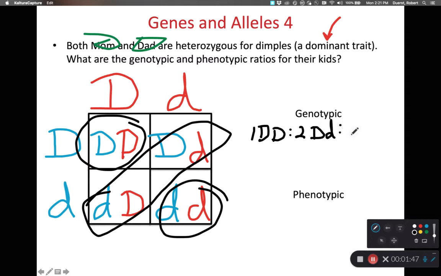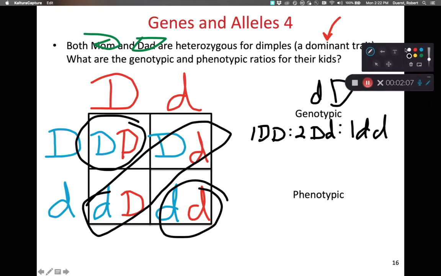Although if you went with a lowercase d and then a capital D for the heterozygote, that's all right too. And then finally, we have 1 homozygous recessive. So we have a 1-to-2-to-1 genotypic ratio between homozygous dominant, heterozygous, and homozygous recessive.